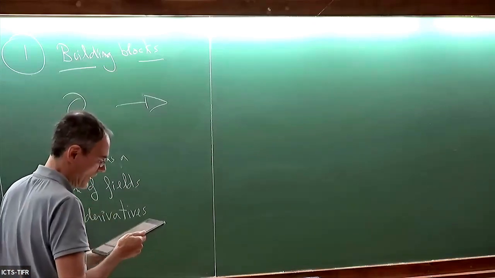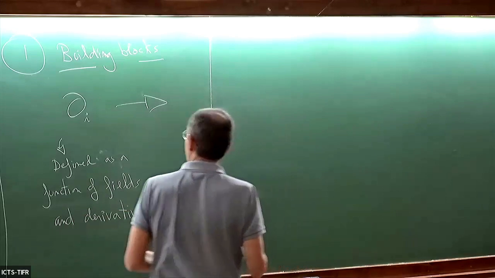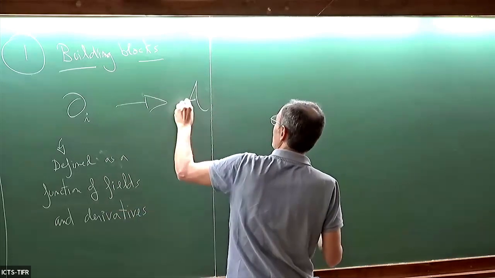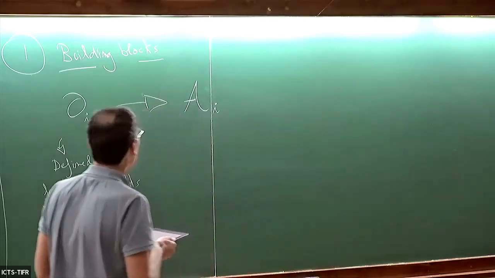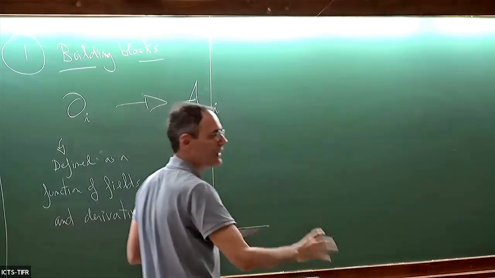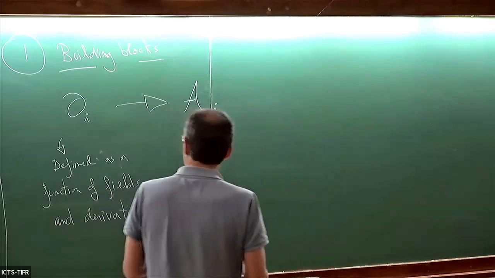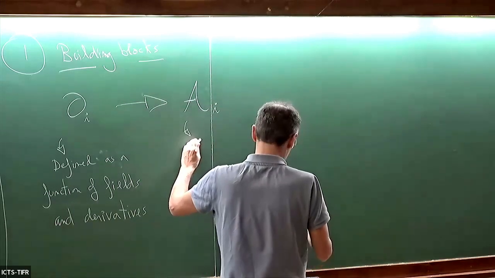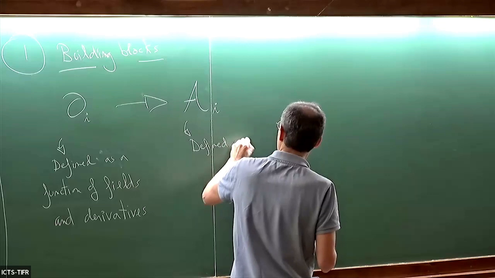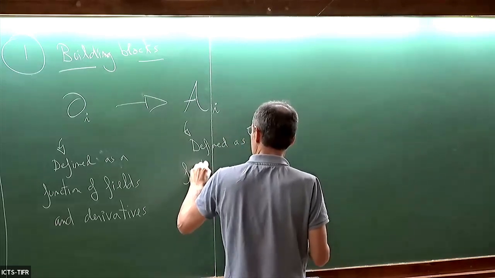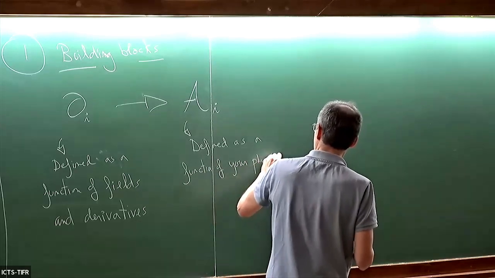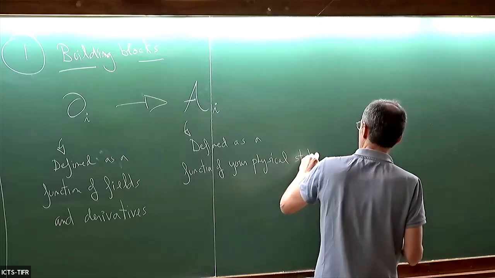What is the idea of gauge invariance, of gauge transformations? Now instead of that, I'm saying the point is to talk about amplitudes from the beginning. Instead of starting with operators, we will start with amplitudes that will define your theory. Again, this is the big difference: this is defined as a function of your physical states.